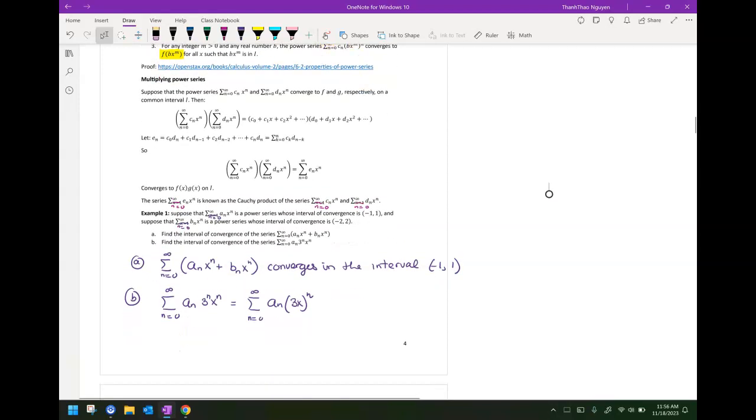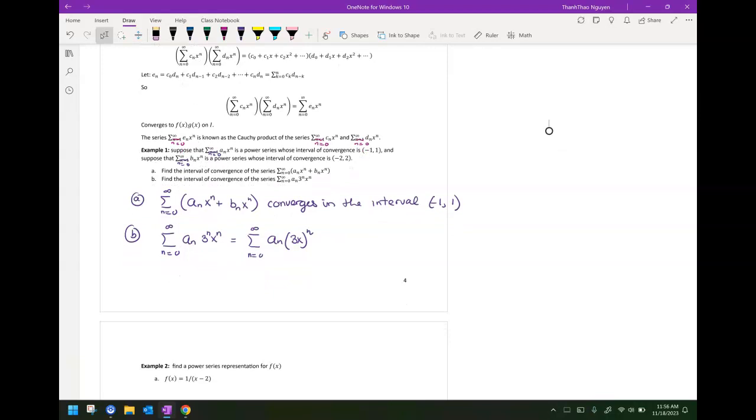So this implies the series converges when negative 1 is less than 3x less than 1, which means negative 1/3 is less than x less than 1/3. So that is where the convergence of this series occurs.